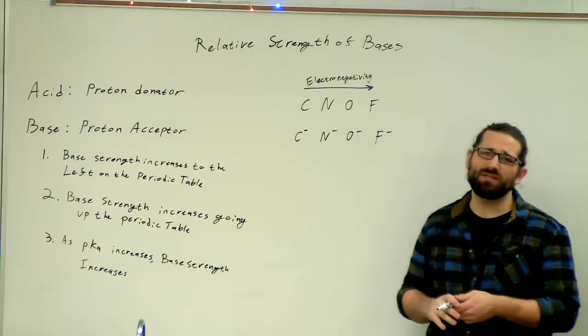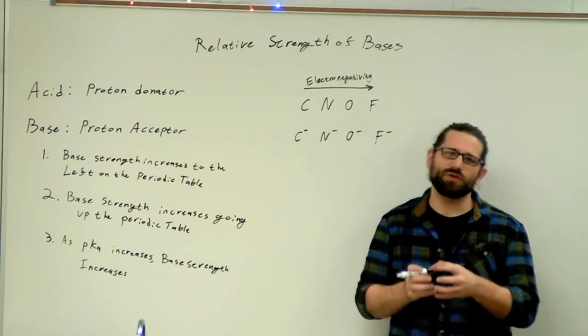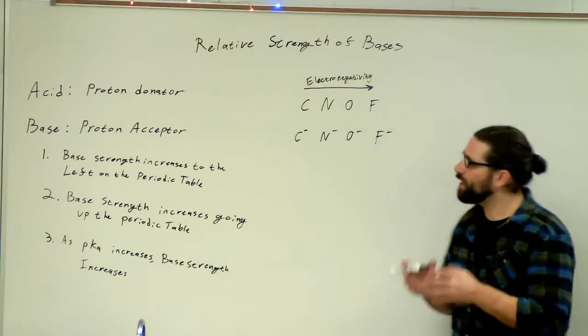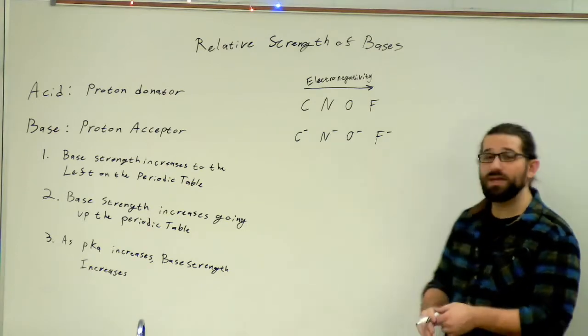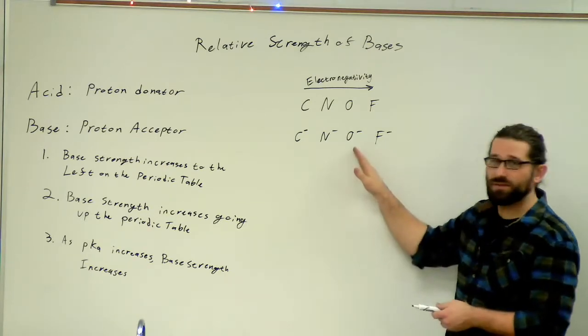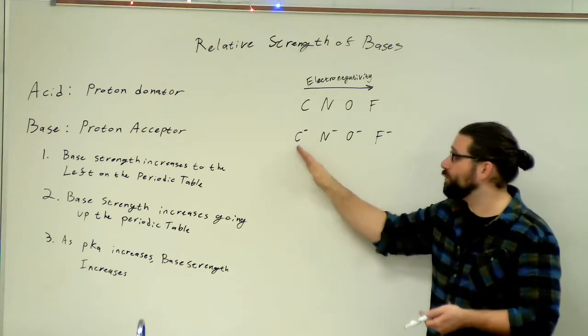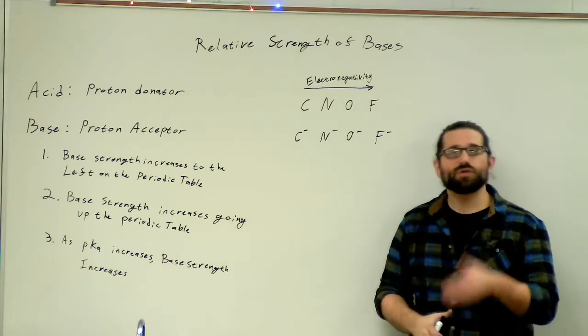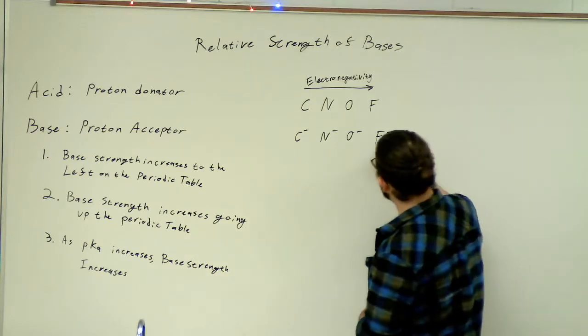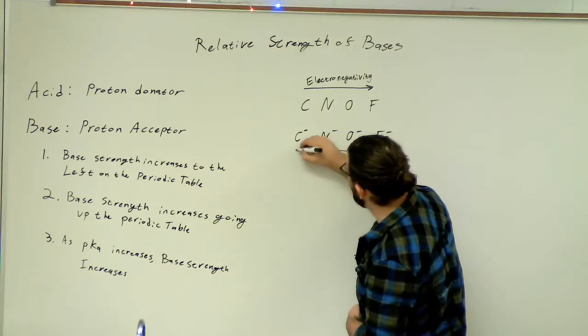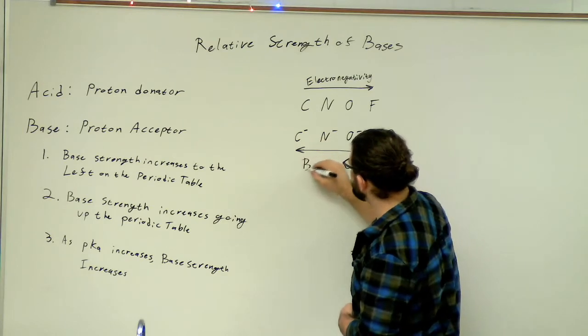It's got a high electronegativity. It's very good at keeping electrons close. And so because of that, F- is more stable than O-. O- is more stable than N-, and N- is more stable than C-. So what we're going to have here is base strength will actually increase going to the left on the periodic table.